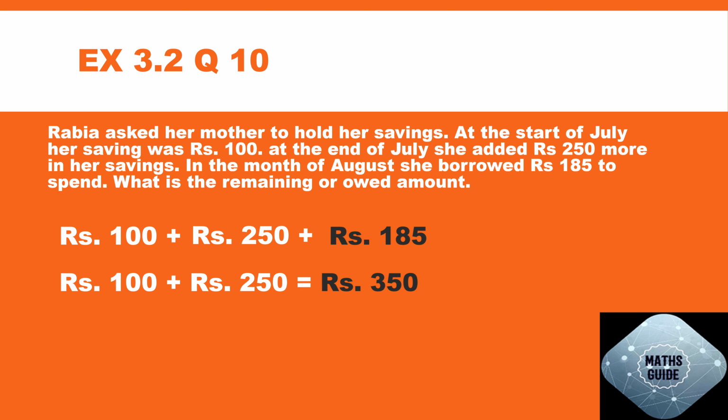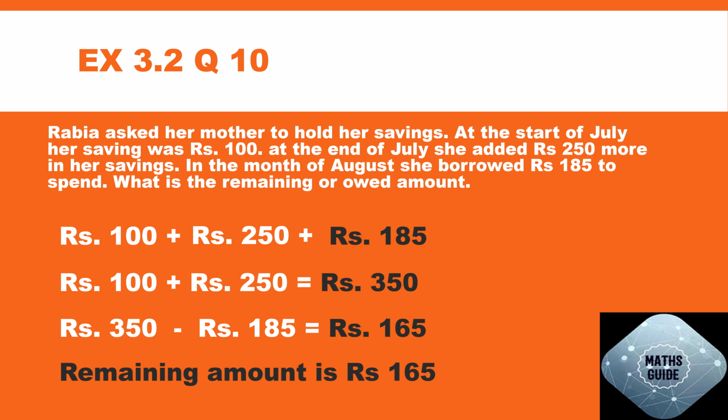She had rupees 350 initially, and now she has to return the borrowed amount, and we have to find out the remaining amount she has now. So we will subtract 185, which is the borrowed amount, from the total rupees 350, which was her saving, and we get rupees 165 left. So the remaining amount is rupees 165.